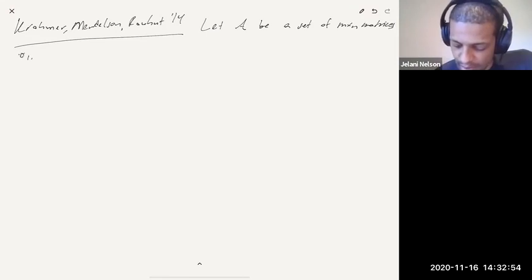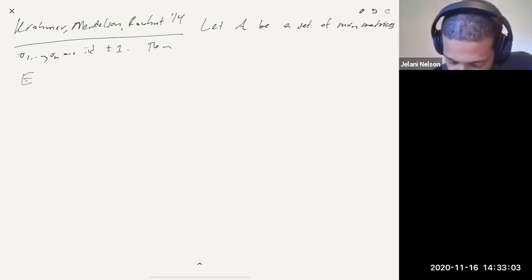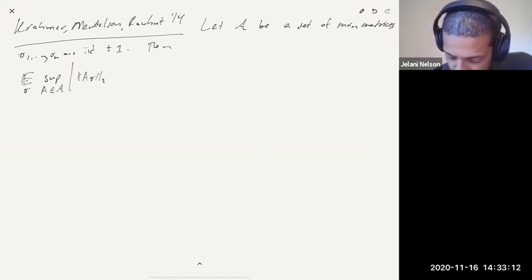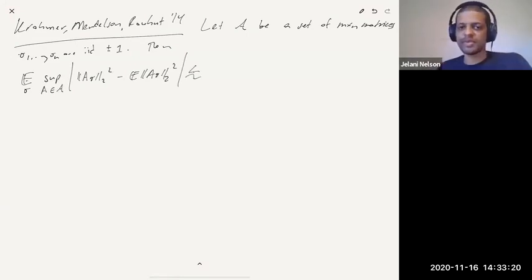Also, sigma 1 up to sigma n are IID plus or minus 1. Then, if you look at the expectation over sigma of the sup over all matrices A in script A of the L2 norm squared of A sigma minus the expectation of the L2 norm squared of A sigma, this is at most, bear with me for a second.